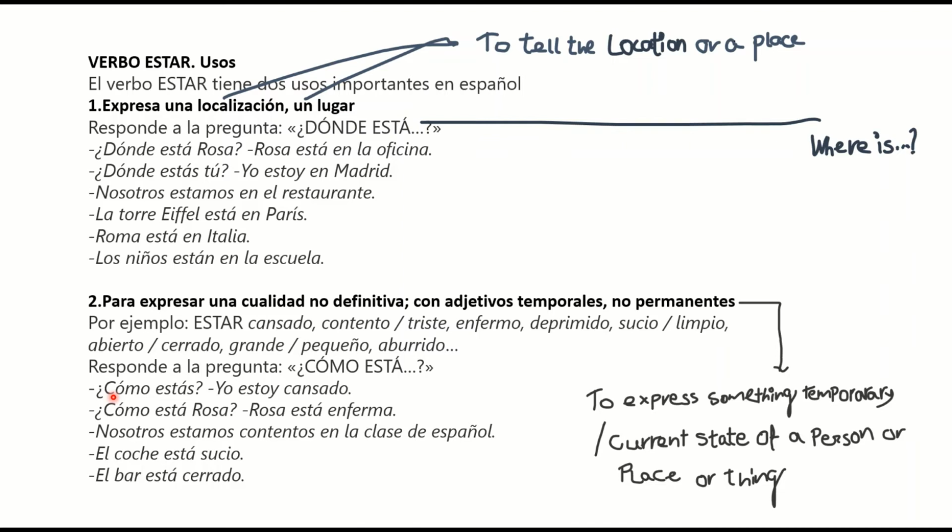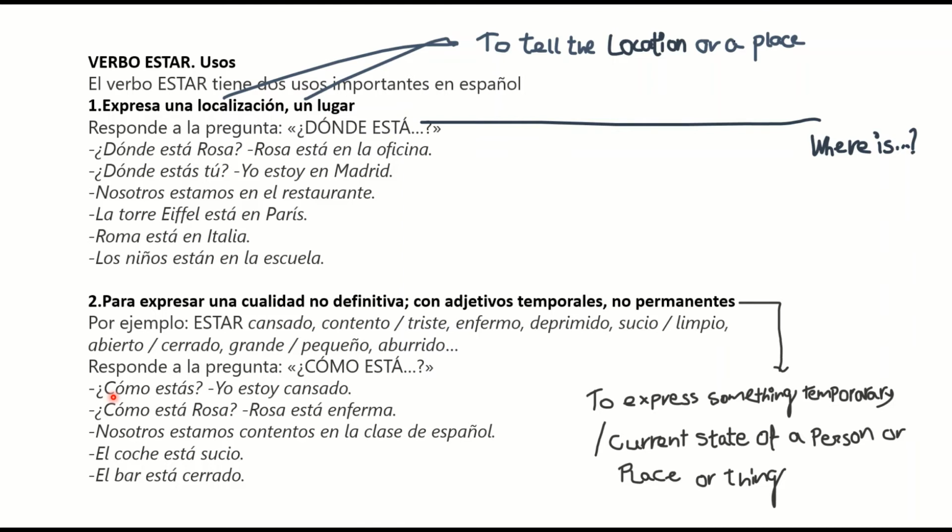So it says we are happy. Contentos means happy. Nosotros estamos contentos en la clase de español. We are happy in the Spanish class. I hope you are. So again, it is talking about our emotional state of mind.